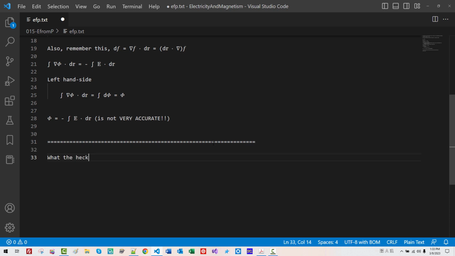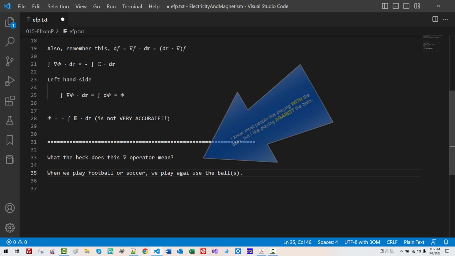What the heck does this nabla operator mean? When we play football or soccer, we use balls.